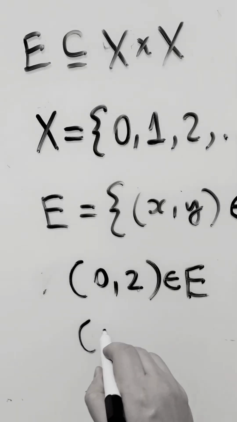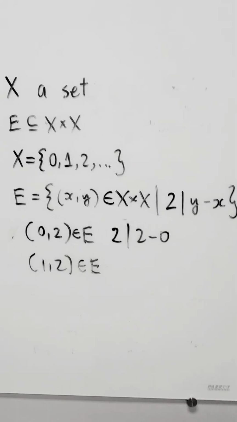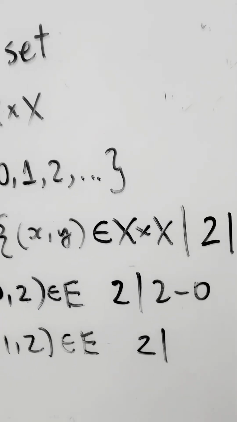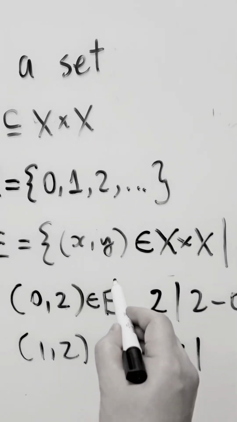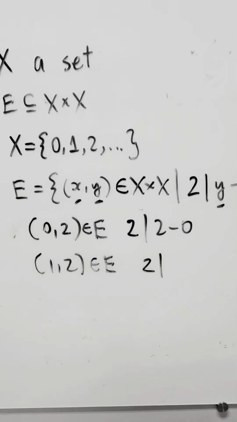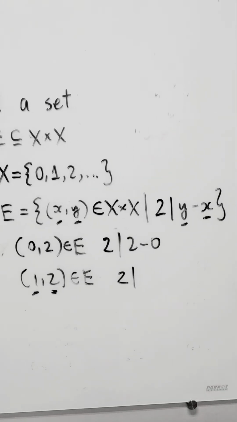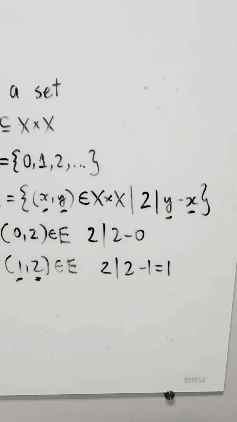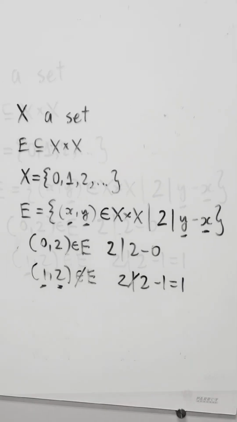What about 1, 2? In order for 1, 2 to be in E, 2 must divide, remember the rule, Y minus X, where Y is the second coordinate and X is the first coordinate. Our Y is 2, our X is 1. Y minus X will be 2 minus 1, which is 1. But of course, 2 does not divide 1.